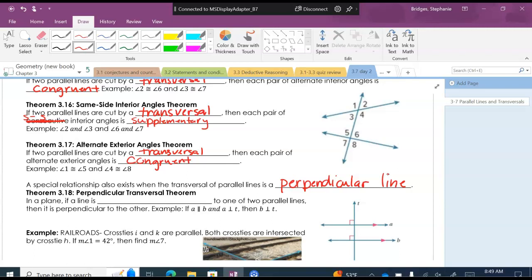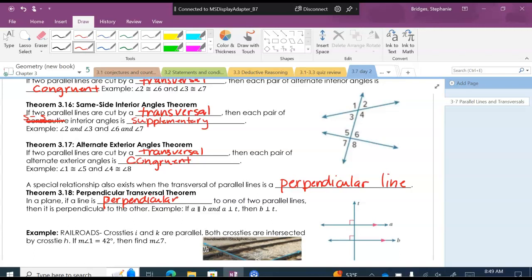They do intersect, yes, but what's the degrees if they're perpendicular? 90, okay. So in a plane, if a line is perpendicular to one of two parallel lines, then it is going to be perpendicular to the other parallel line.